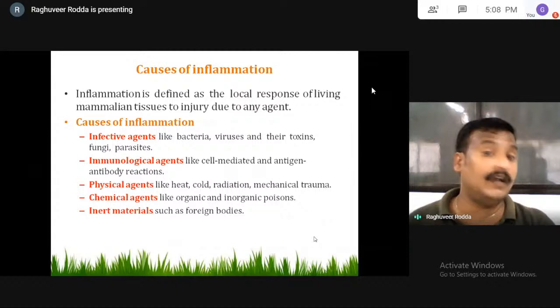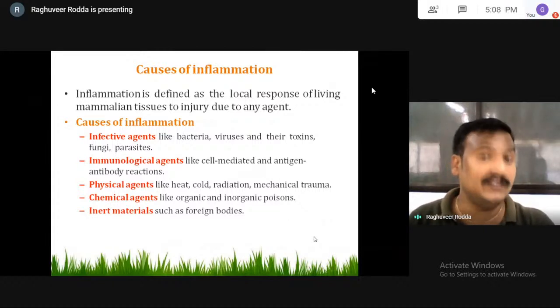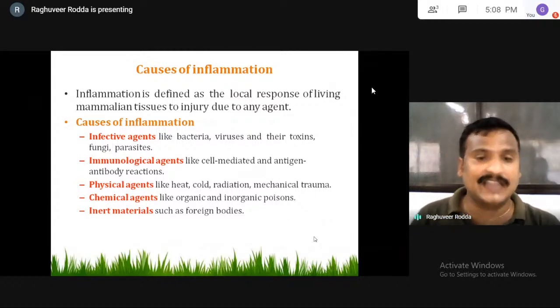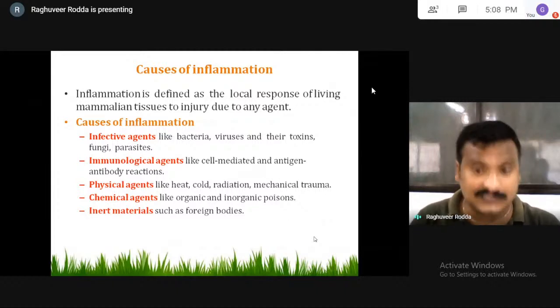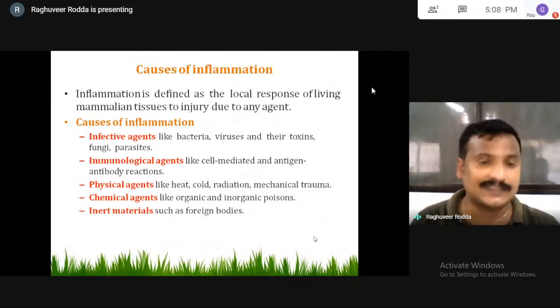Whenever the injury has a pathological background and is a diseased condition type of injury, and immunological agents, the inflammation may take place because of our own antigen-antibody reactions, especially during autoimmune conditions. Then physical agents like heat, cold, radiation, and mechanical trauma, which belongs to accidents and various physical stress conditions.